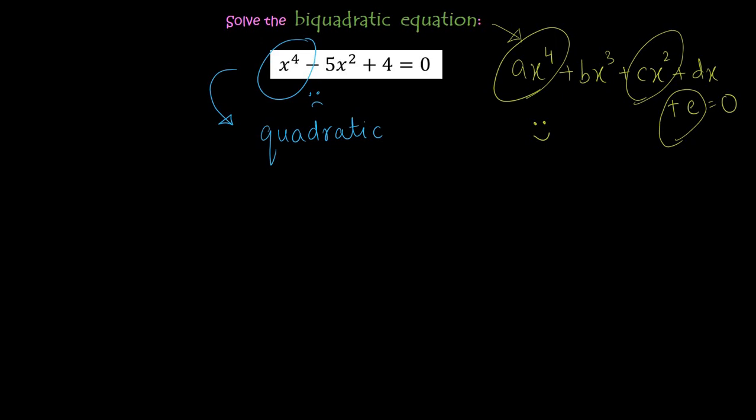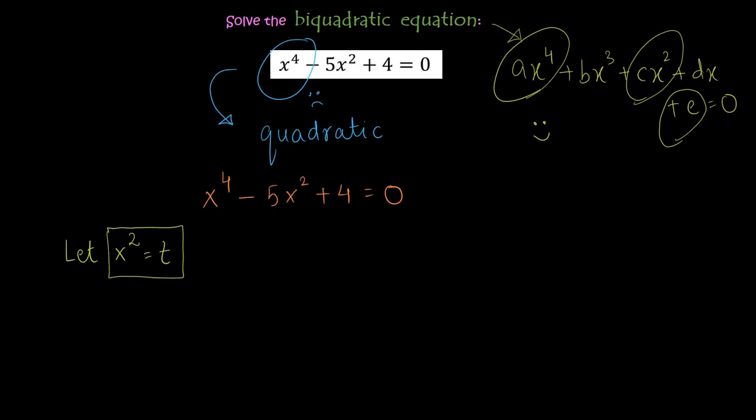Here my equation is x^4 minus 5x^2 plus 4 equals 0. Obviously nothing is coming common from here, right? So let's do one thing. Let your x square be t, or anything you can suppose.